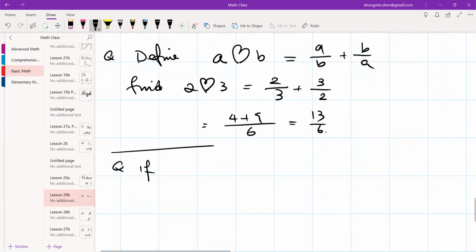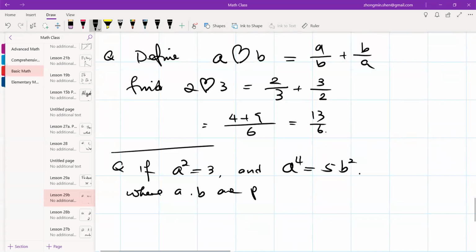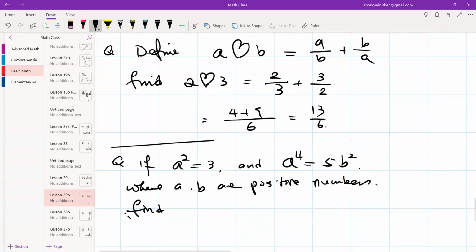If a squared equals 3 and a to the 4th power equals 5b squared, where a and b are positive numbers, find the value of a squared b cubed.